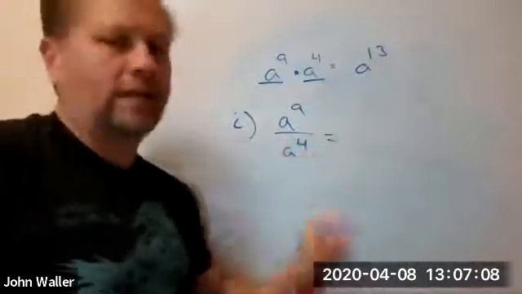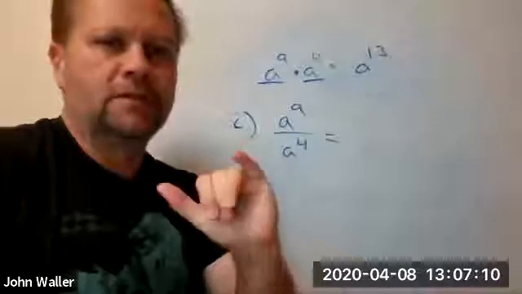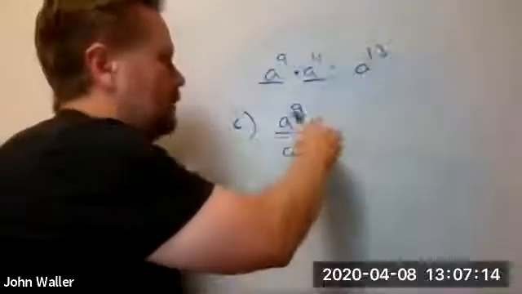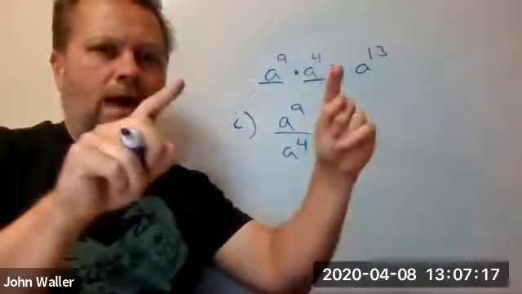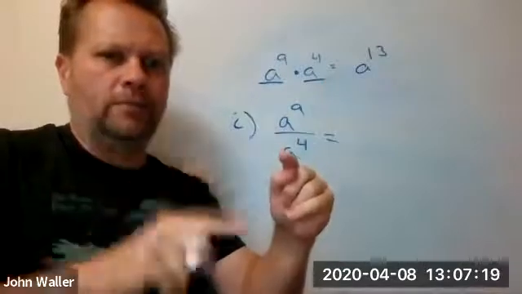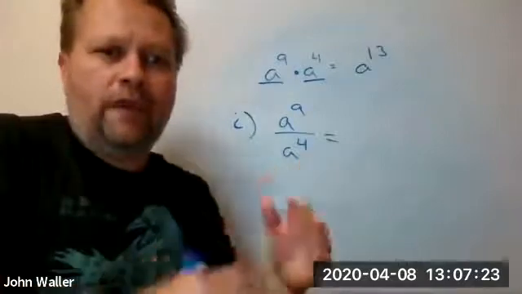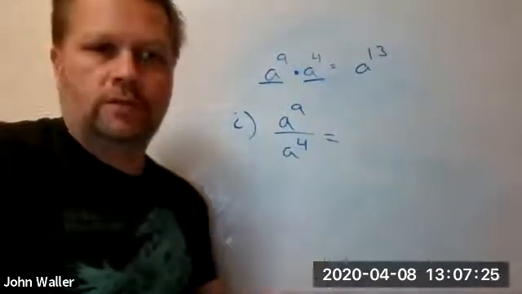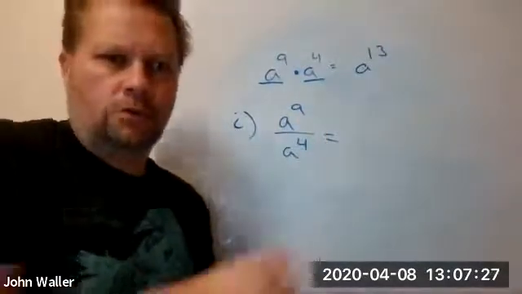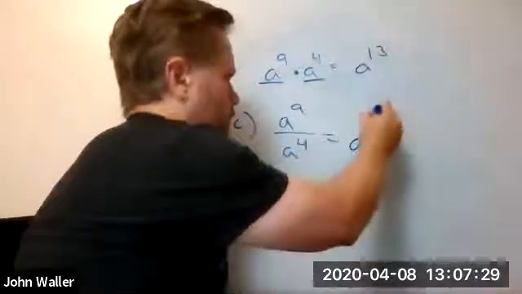What do I do when I divide then? I must subtract, right? Because again, if I have 9 a's up top and 4 a's on the bottom, don't 4 of them cancel? And then how many do you have left? Well, 9 minus 4, right? So the shortcut is just subtract the powers.